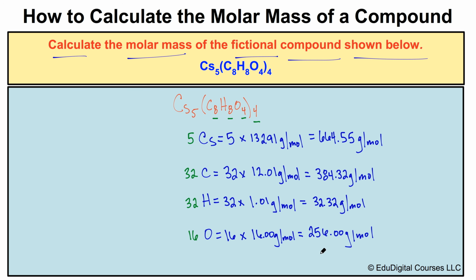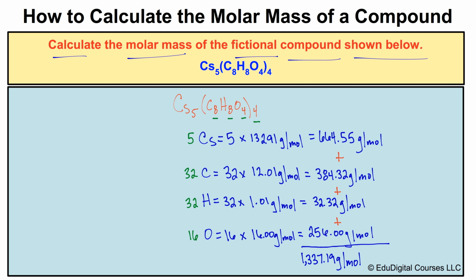Once we're done with this step, all we need to do is add up these four values right here. So we're going to add these up, and that's going to give us our final answer. So let's take 664.55 plus 384.32 plus 32.32 plus 256.00, and we're going to end up with a molar mass of 1,337.19 grams per mole.